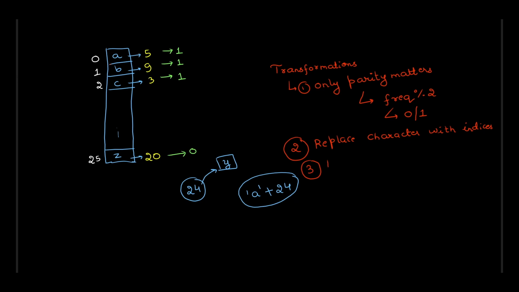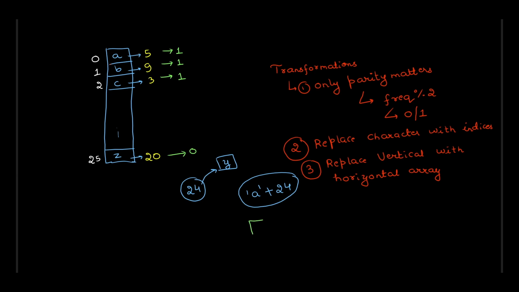So you replace the vertical array with the horizontal array. Now let's see what is the structure that we get after doing this replacement.